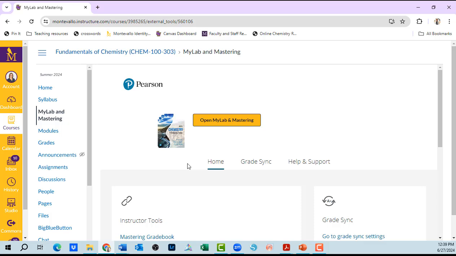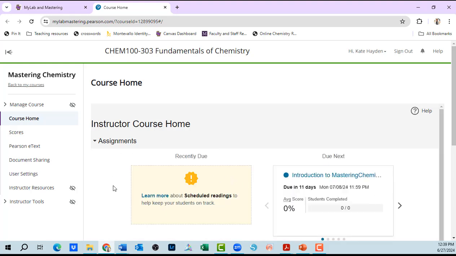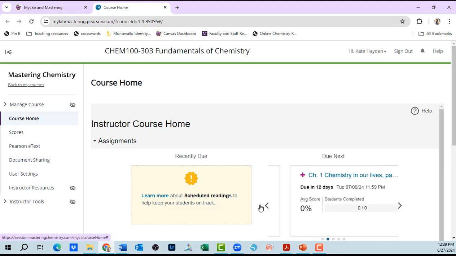Once you've purchased it, it should look something similar to this. You may see some different things just because I'm on the instructor end, but you're just going to click this link and it's going to open Pearson. Again, yours may look a little different, but you should see assignments that are coming up due. You can toggle through all the multiple assignments.